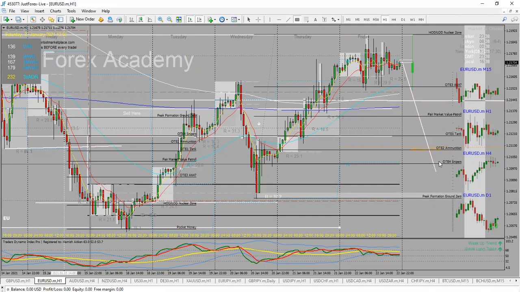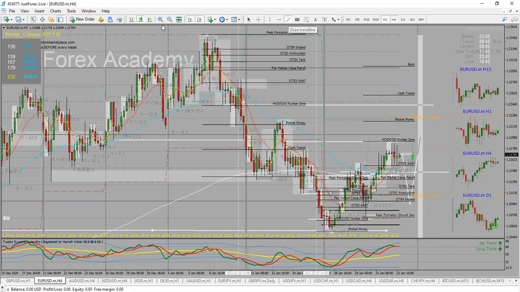But I'll be using a tight stop loss if the market will come to these zones before they rise. So this is the structure that I'll be expecting this week, guys, on Euro USD.